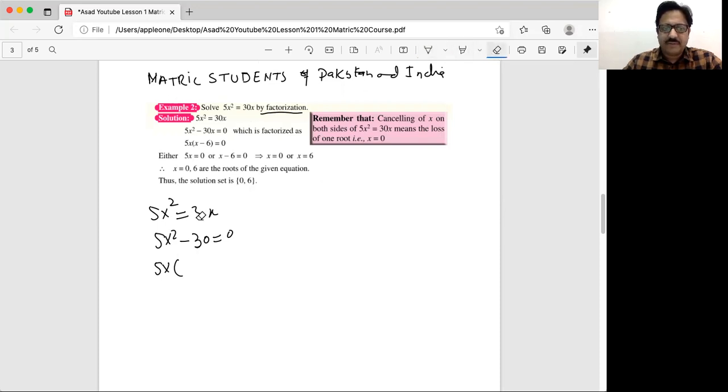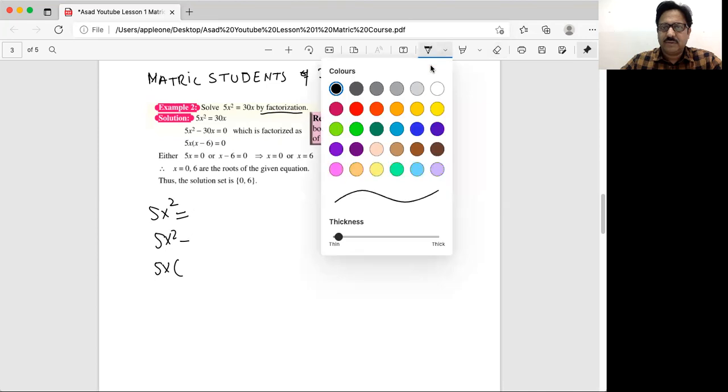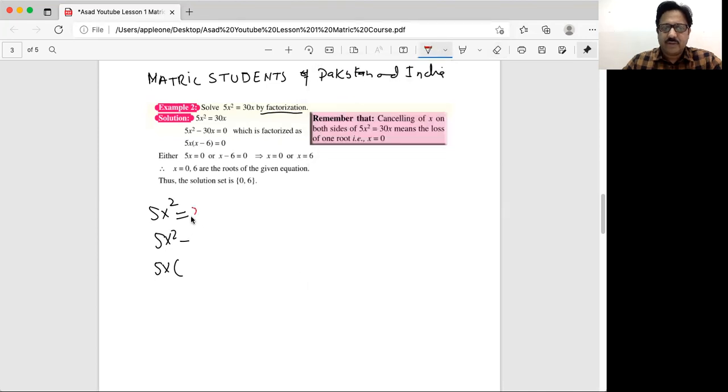I'll have to erase it. 5x squared is 30x. So now this is 5x squared minus 30x equal to 0, and now 5x common here. So x minus 6 equal to 0 now.